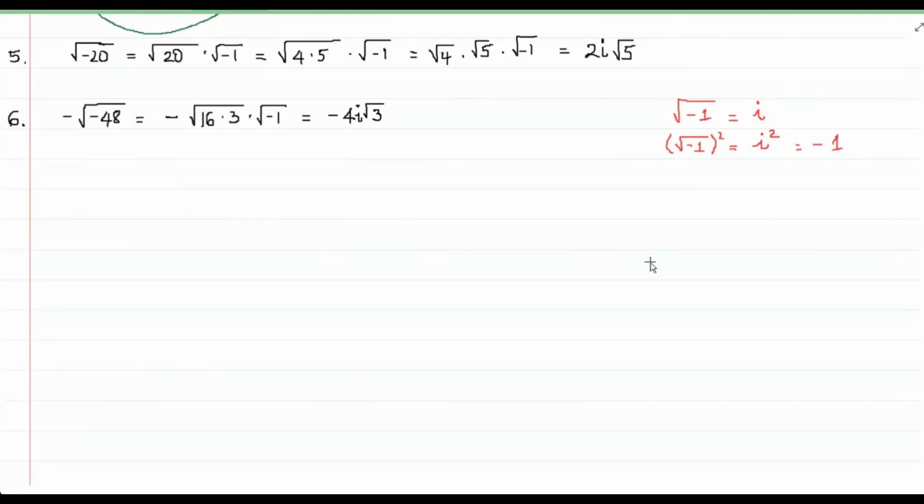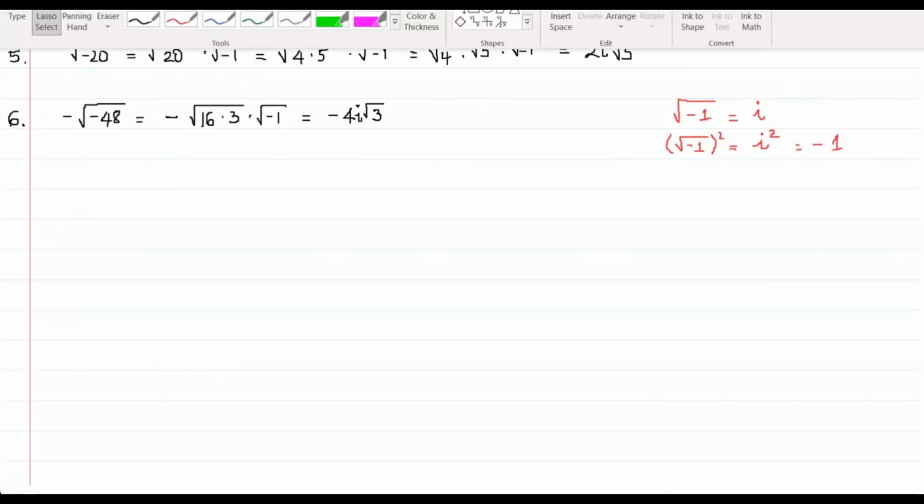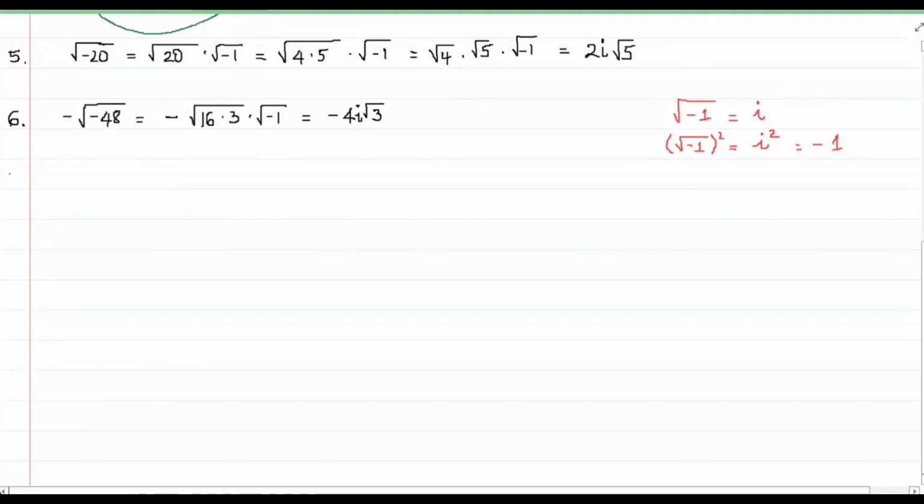All right, now we continue with question number 7. Cube root of -27. Also note here, the cube root can be negative. They can have a negative under the cube root.